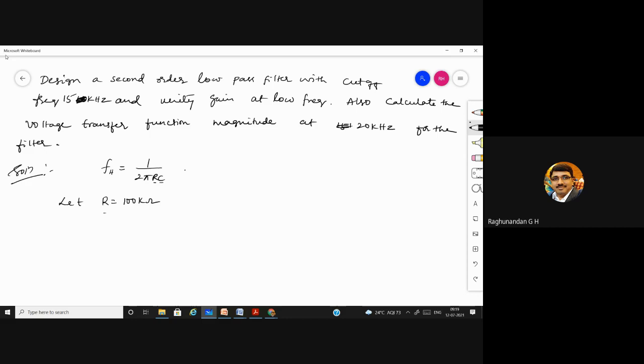We'll have that confusion whether to take 0.1, 0.01, whether to take microfarad or picofarad. To avoid all these confusions, let us take R is equal to 100 kilo ohm and find out C. FH is given, so find C. What is the value for capacitor?